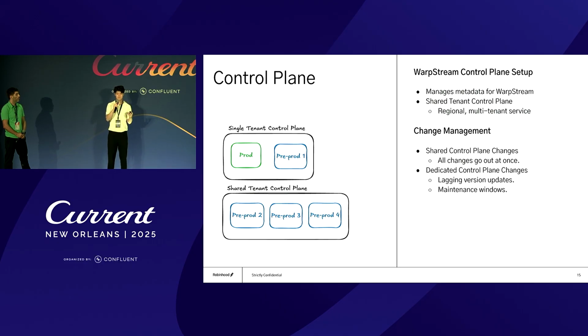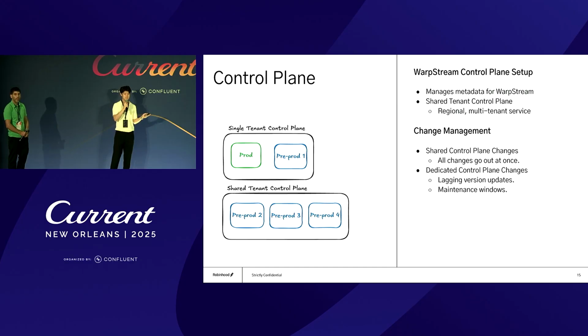When it comes time to upgrade these versions, it posed a problem for us, because the control plane is a regional multi-tenant service. So when these upgrades happen, they happen all at once for a region, and it's for multiple tenants. So the timing of the upgrade isn't really within our control.